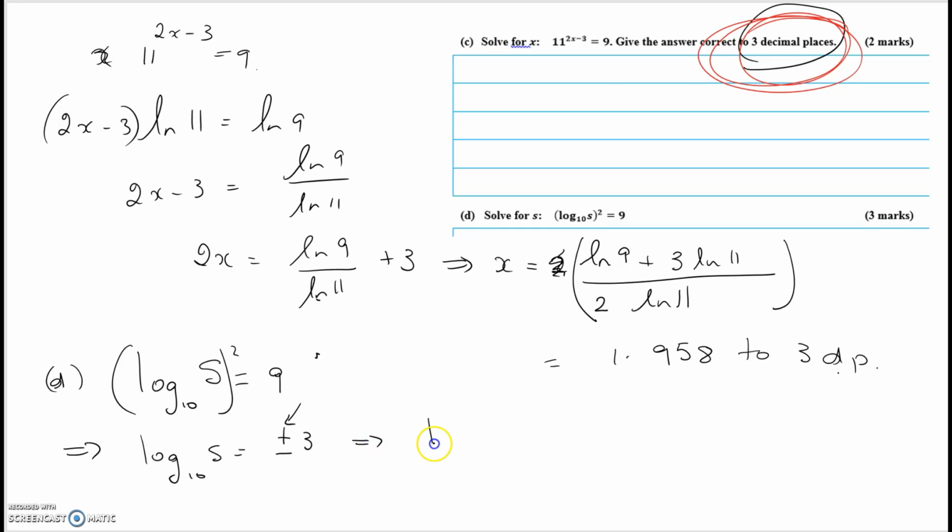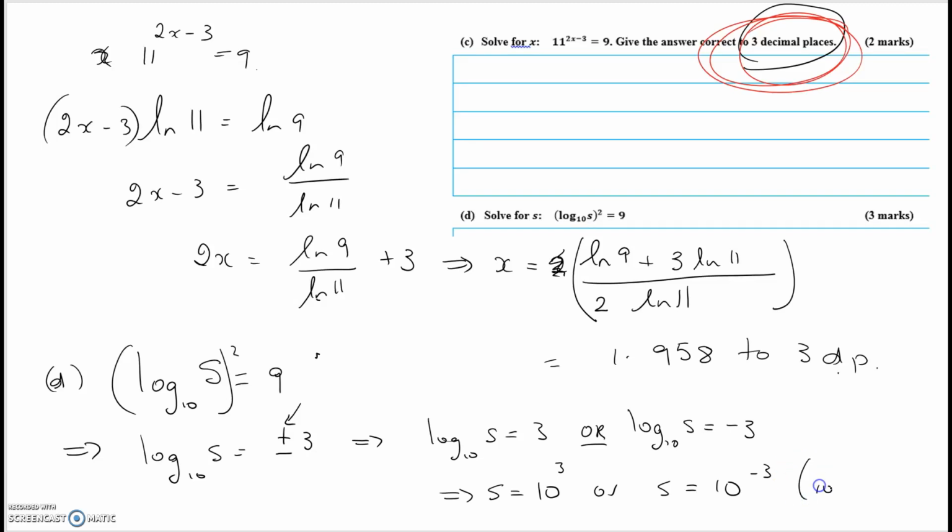So that tells us that log 10 s equals 3, or log 10 s equals negative 3. And remember that we undo logging by taking to the power of 10. So s equals 10 to the power of 3, or s equals 10 to the power of negative 3. And you can leave it like that, or you could write it as 1,000 or 1 over 1,000.